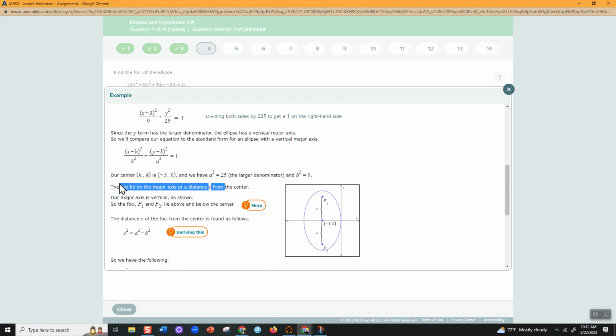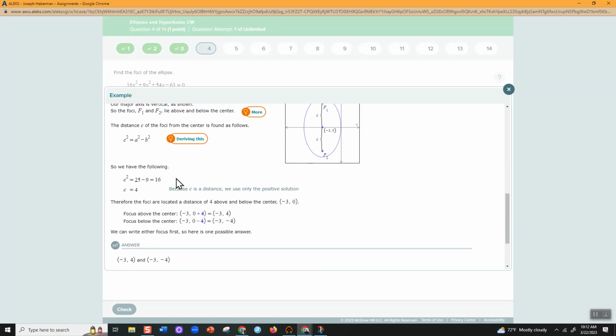We're just going to take the a squared minus the b squared. So the a squared is always the bigger number, and it is squared, minus the smaller number. So 25 minus 9, which equals 16, that is c squared, and we square root it, and we get 4.